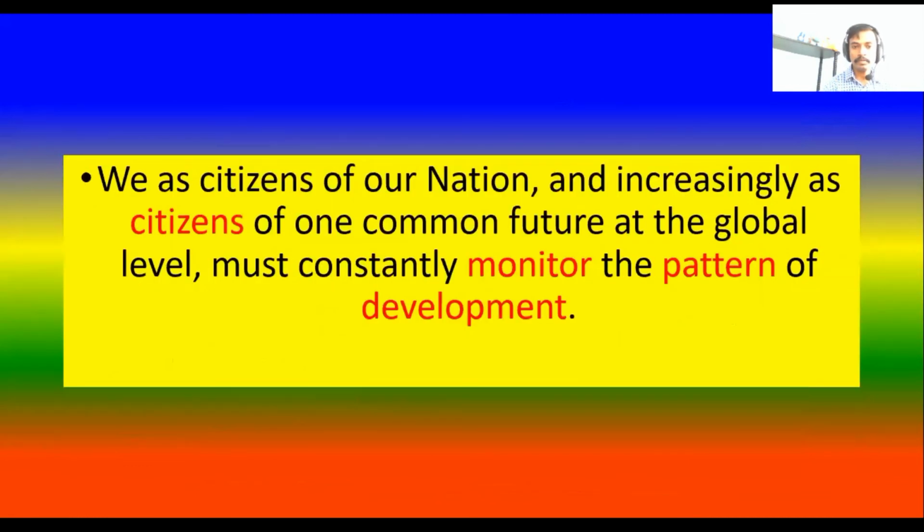As citizens of one common future at the global level, we must constantly monitor the pattern of development. This means every citizen has the right to monitor the pattern of development. If a particular development is harmful to the environment, there is a right to protect and a right to ask.